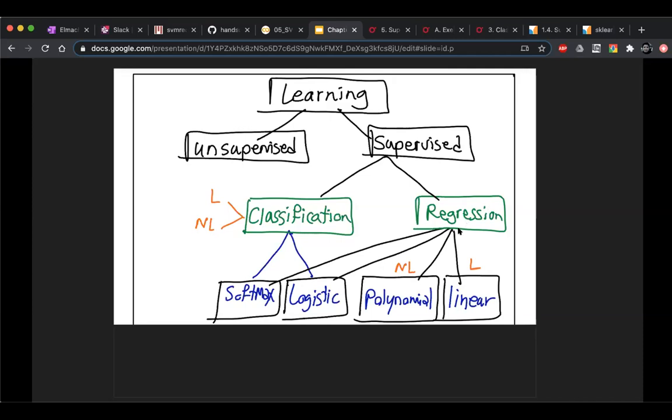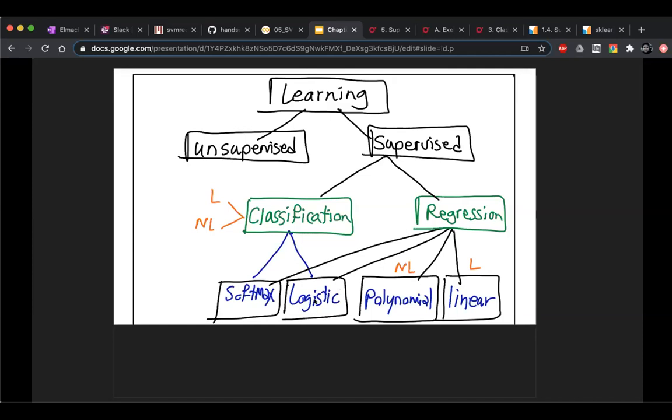Before, this book taught us how to do linear regression and polynomial regression for regression tasks. Obviously this one was for linear data distribution, and this one was for nonlinear data distribution. Then it also used regression models, logistic regression and softmax, to do classification problems.